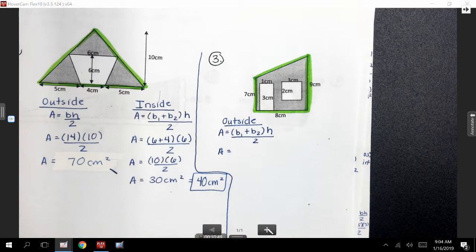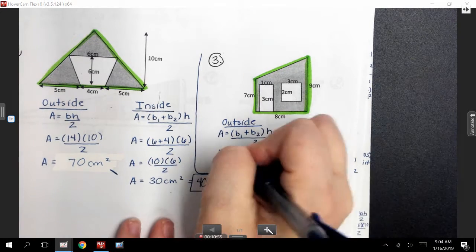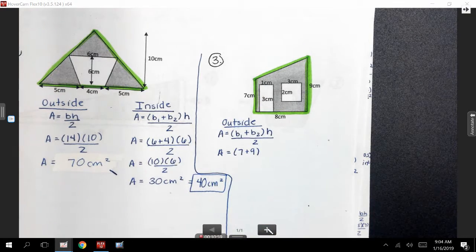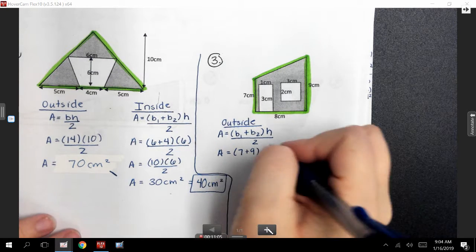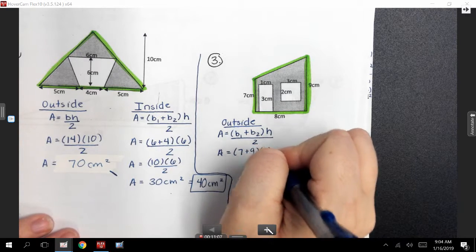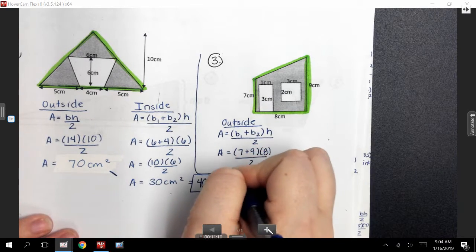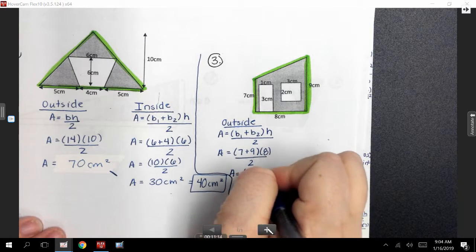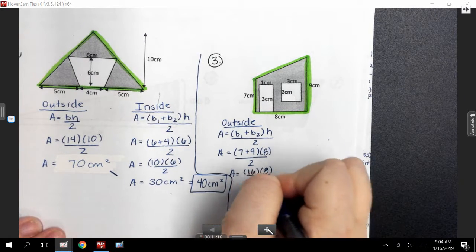What are my two bases going to be here, Daniela? 7 plus 9. Perfect, 7 plus 9. You notice her bases weren't on the bottom because 7 and 9 are the only ones going in the same direction, all right? So what's my height, Daniela? 8, and then perfect, and then divided by 2. So I get area equals 7 plus 9 is 16 times 8 divided by 2.